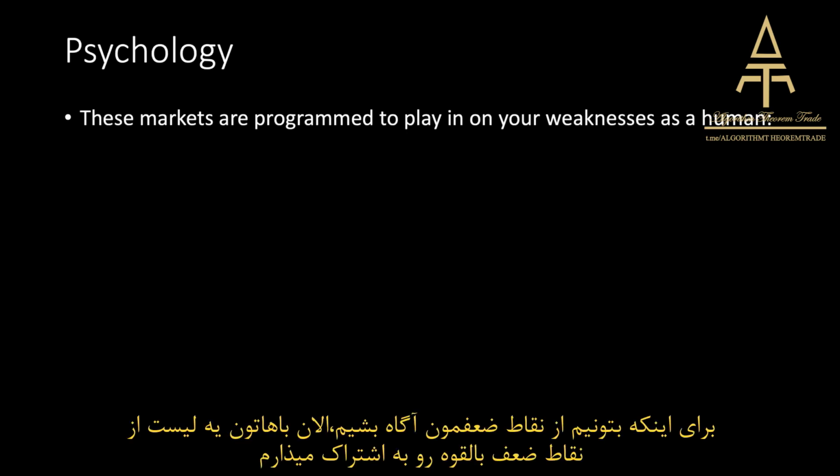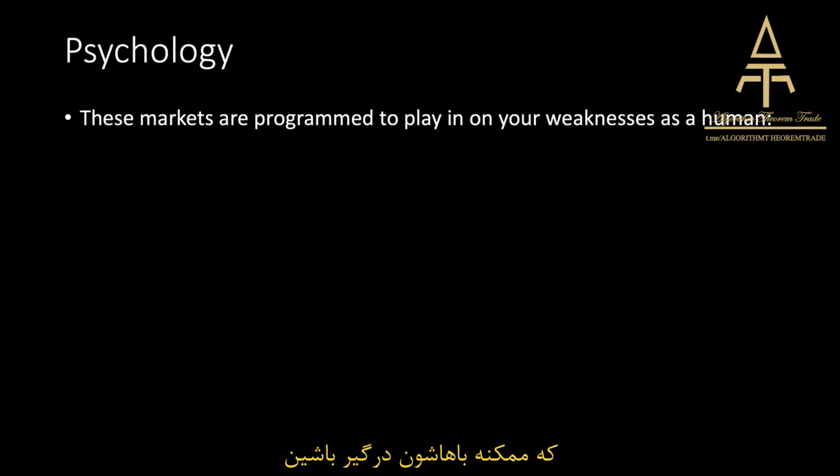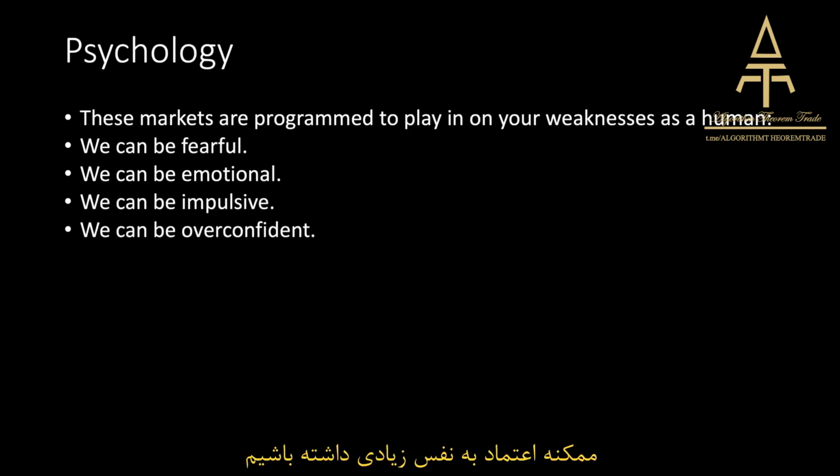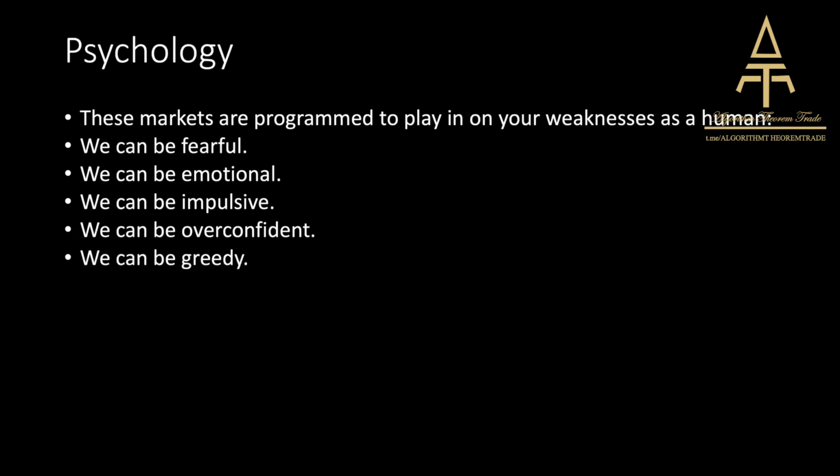In order to become aware of our weaknesses, I'm going to share a list of potential weaknesses that you might be struggling with. For example, we can be fearful, we can be emotional, we can be impulsive, we can be overconfident, we can be greedy.